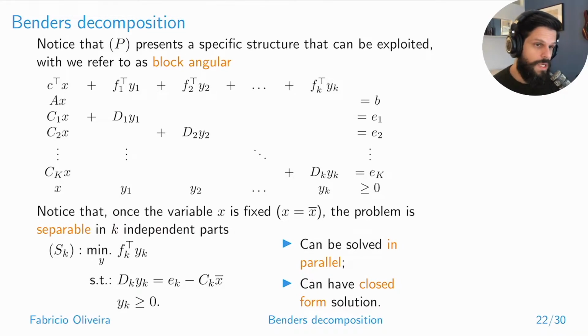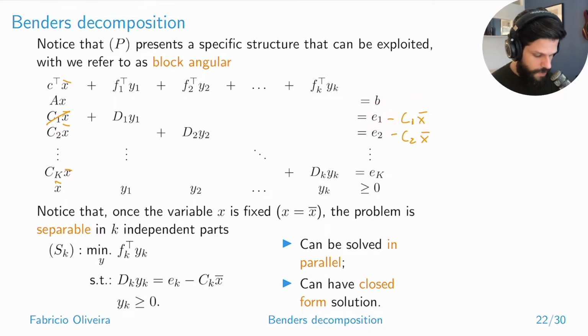But one interesting aspect that arises here is that if you were to fix the variable x to, say, x bar, the problem then becomes separable. As soon as you have a value for these variables x, this becomes a constant that you can just send to the other side and say that this is e1 minus C1 x bar, this is minus C2 x bar, and this is just a right-hand side because it is a constant once you know the value of x.